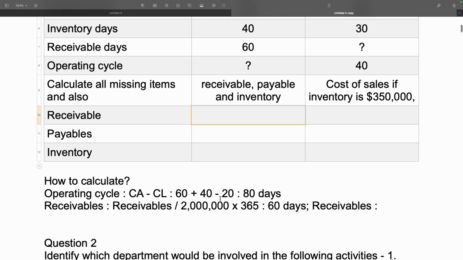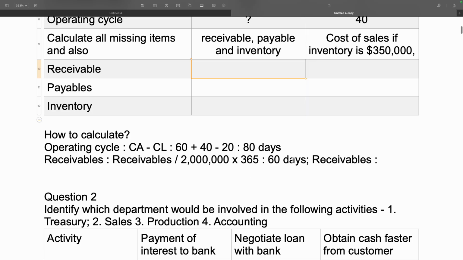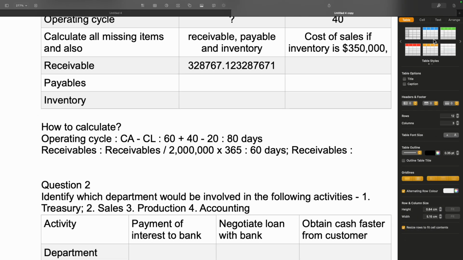So your receivable is going to be $2 million. So that should be your receivable, guys.